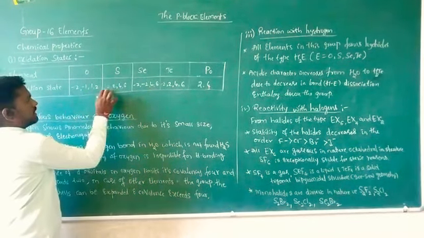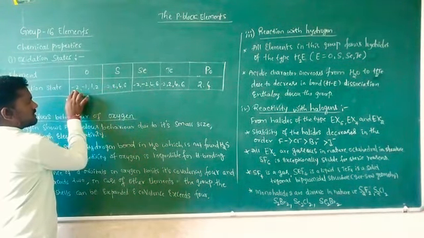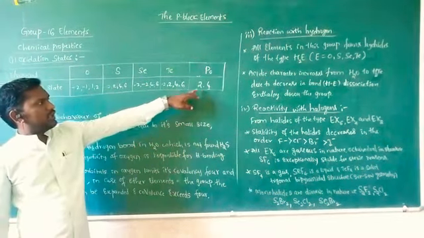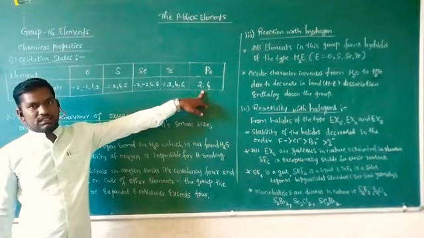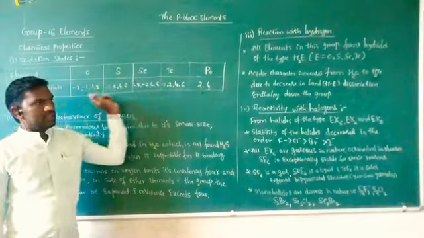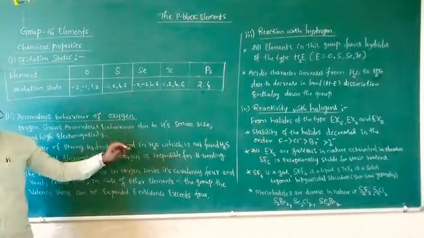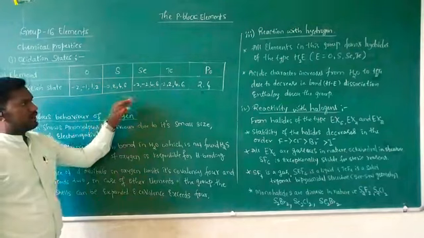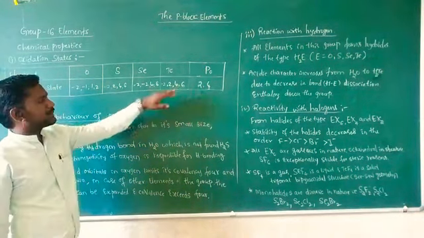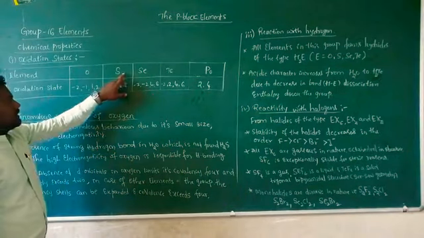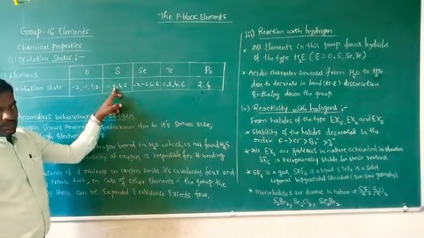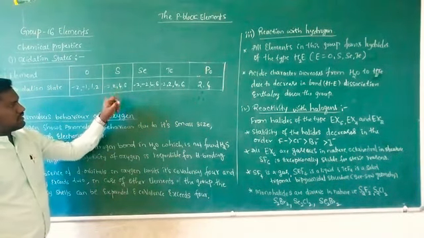For sulfur also, the -2 oxidation state decreases as metallic character increases down the group, because positivity increases, and polonium is one of the metals. Sulfur shows many oxidation states: -2, +2, +4, up to +6.